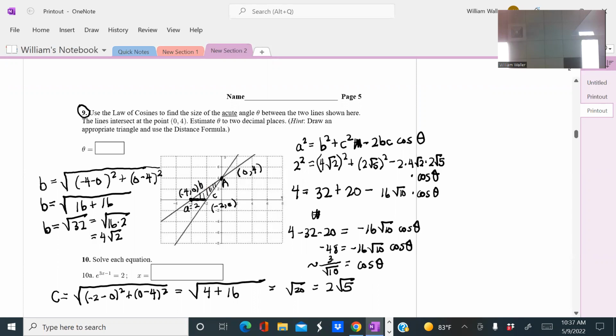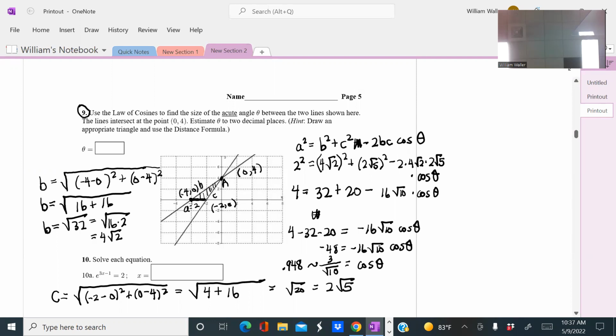I got 3 over the square root of 10. 3 divided by the square root of 10. Be close to 1, but not quite. 0.948. So I get that cosine of theta is 0.948. Did anyone else get 0.948?